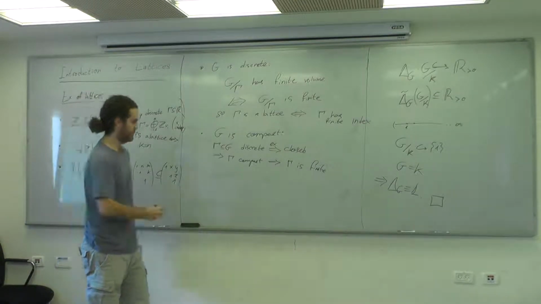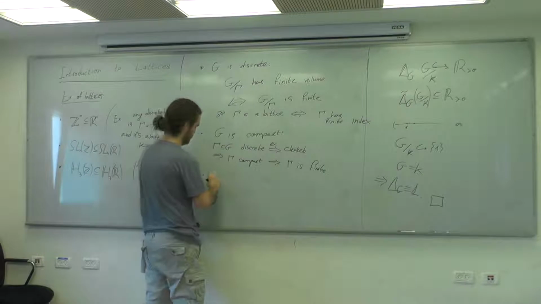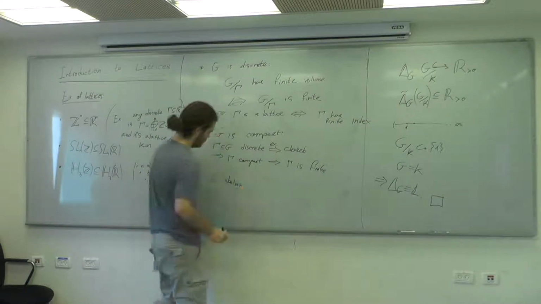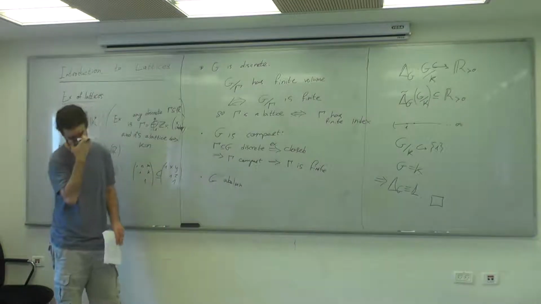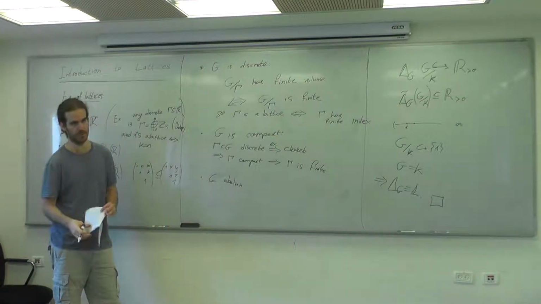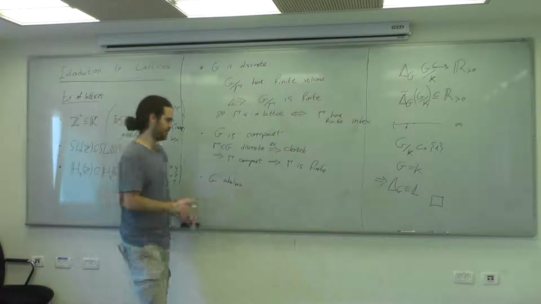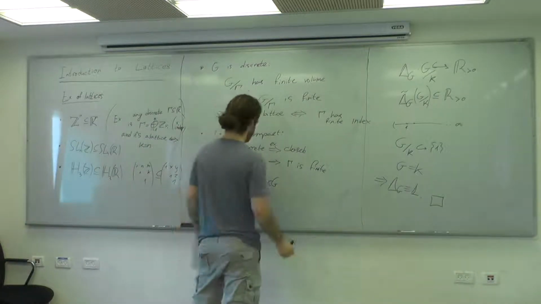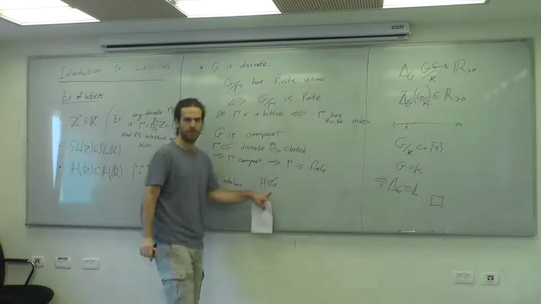Now suppose that G is abelian. Any subgroup H, and now we don't assume yet that it's a lattice, will be normal.